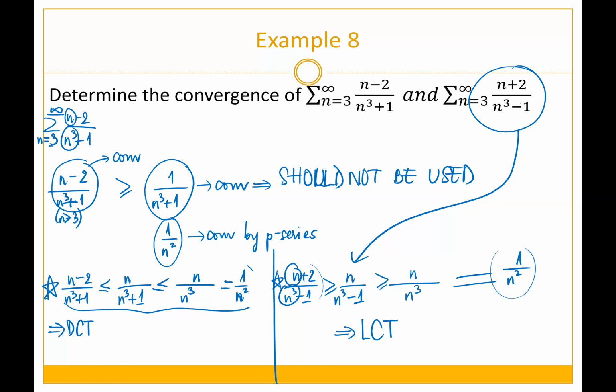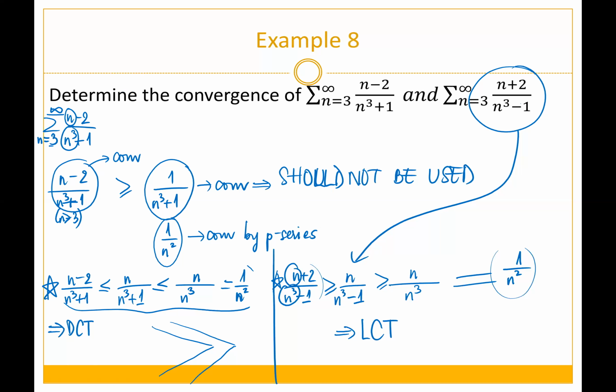What happened is that when you try to use direct comparison test, you have 1 over n squared convergent, and that's the series you try to compare it with. If you want to use direct comparison test, 1 over n squared has to be the bigger series, and the fraction is the smaller series.